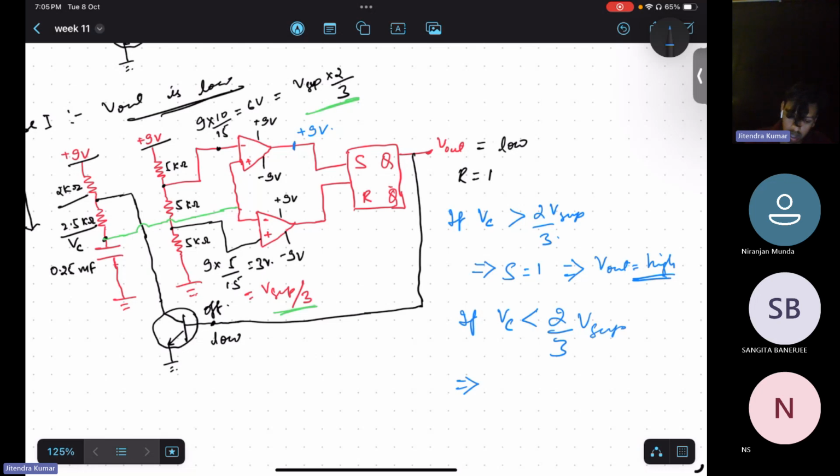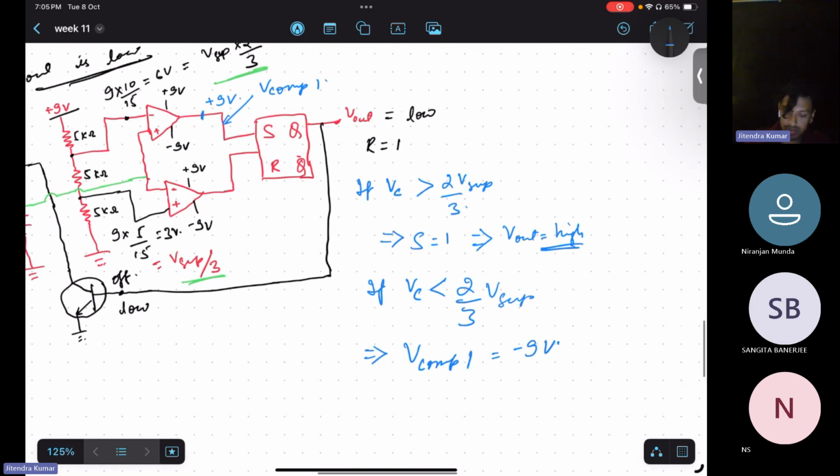So the output of comparator 1, let us say V comparator 1, will be equal to minus 9 volt, which means it will reset, and our output will be low.